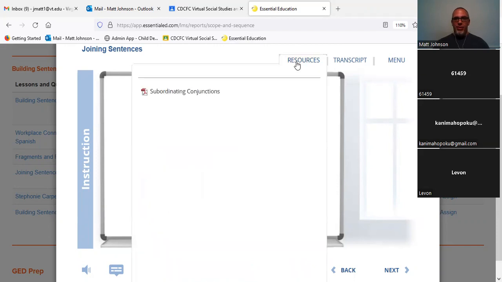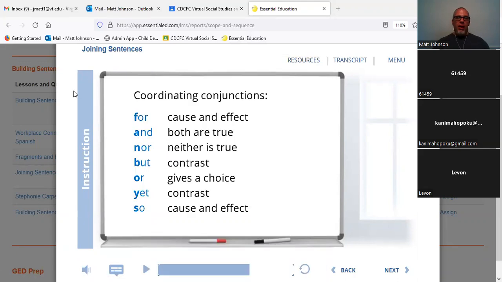I think in our resources here we have the subordinating conjunctions again. So things that you would need additional punctuation for, that don't stand alone with just a comma. But here, right, these words, if you're separating 2 independent clauses, you can use with the comma. So for, and, nor, but, or, yet, so.